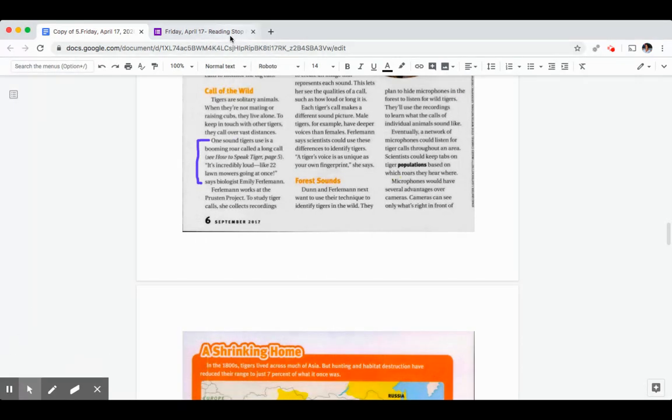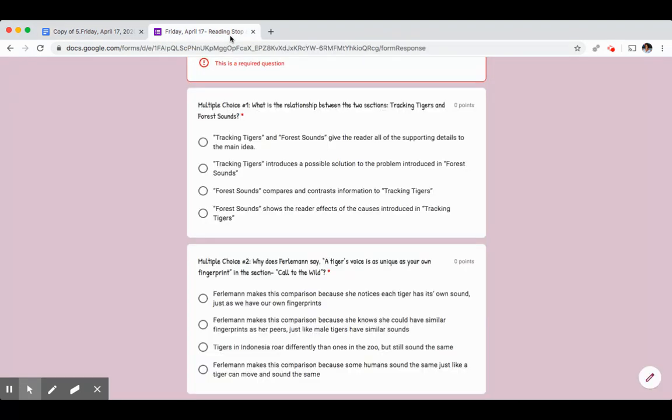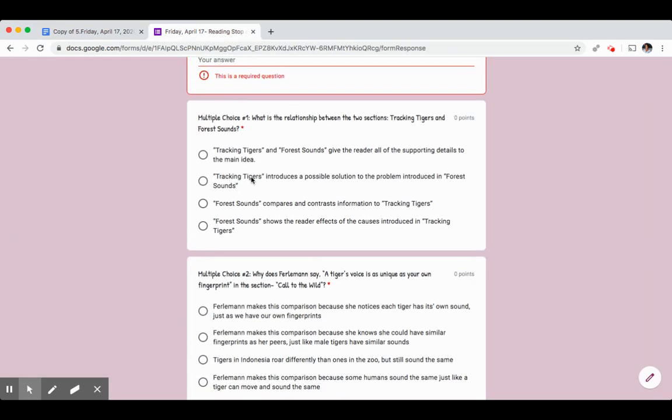So now let's go back to the stop and jot to take a look at the answer choices. Which answer choice best matches what we just discussed? We said that forest sound shares the effects behind having cameras set up in forest.